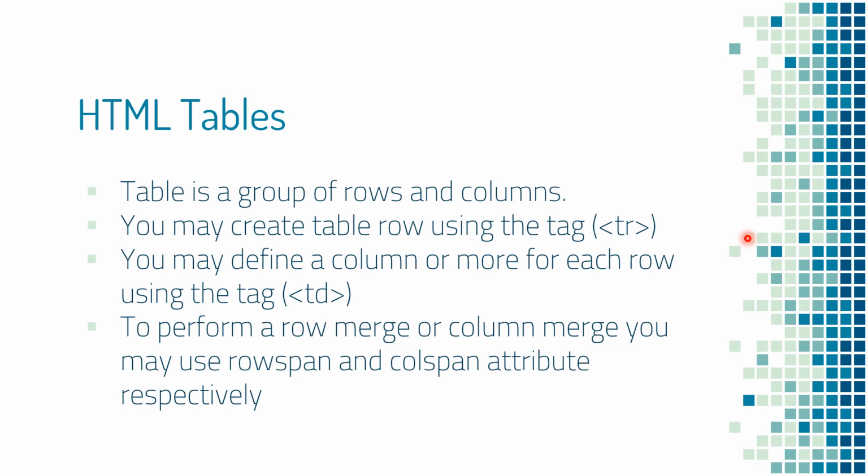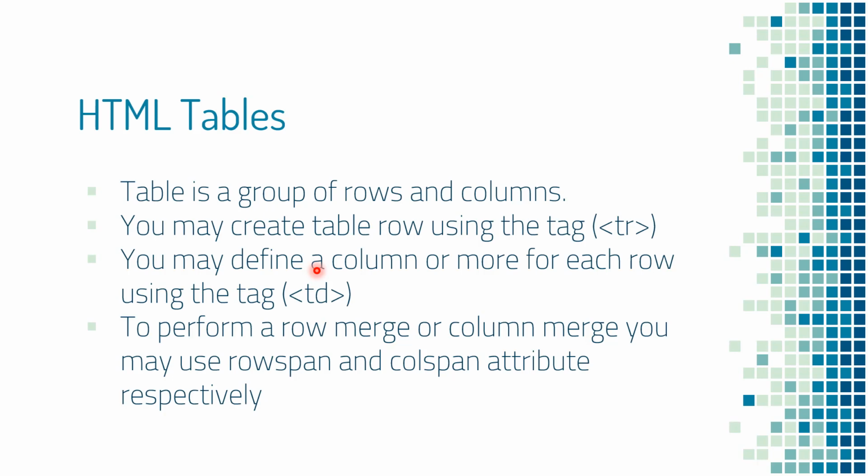And to create a row in this table, you would use TR, which stands for table row. And to include a column or a cell in a row, you have to use TD.